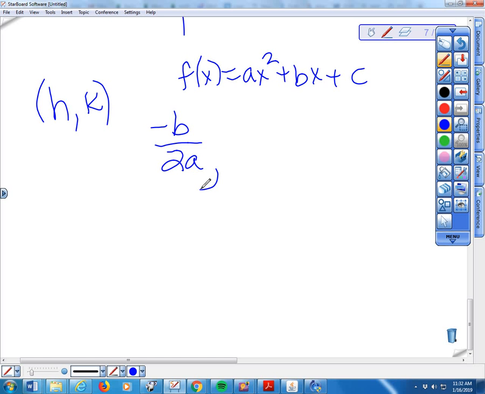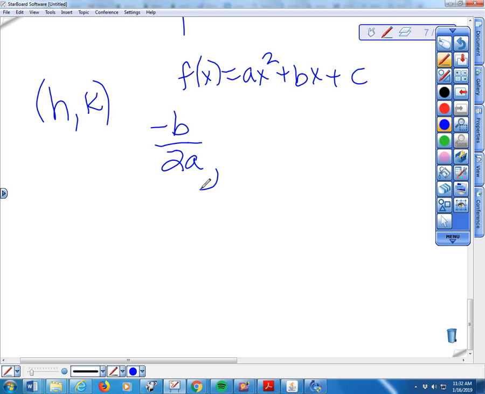And all the letters have to be capitalized, right? No, lowercase. That was h is negative b over 2a. Is it right? Yeah. Okay.